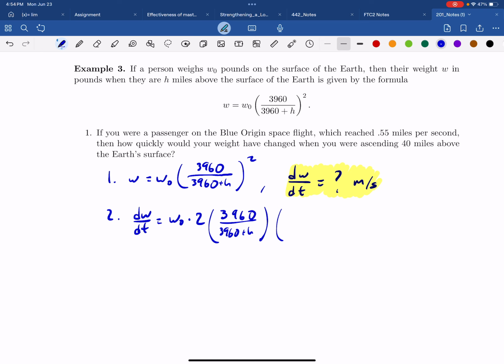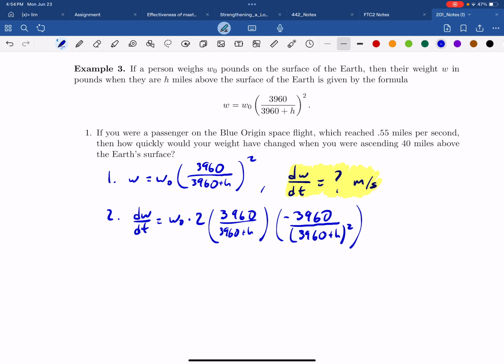So it's going to be 3960 over, but then, wait, no, sorry, we need one more thing, squared. There we go. That's what it is.